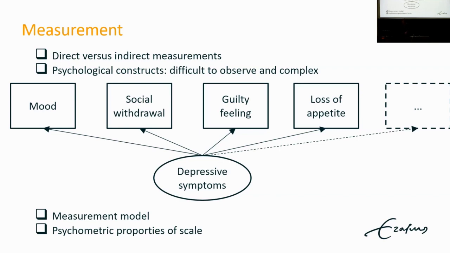And we need to think about the psychometric properties of this scale. We want to make sure that these items assess depression and not anxiety or something else. And we also want to do this in a reliable way. We want to know whether the scores that we obtain are reliable or not. So that's basically what psychometrics or measurement in psychology is dealing with.